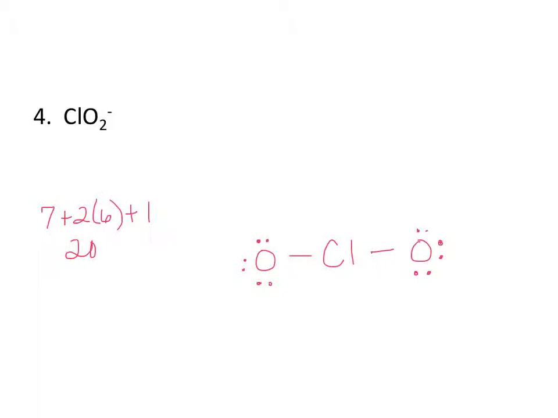I'm done placing them and getting my octet on the outer ones, so I've got to go to the central atom here. There would be 18, and there's 20. And chlorine has an octet around it, so right now, that is the correct drawing. We are going to move into something different in the next video, but we're going to just keep it at that. This is an ion, so I draw the bracket and I put the charge.